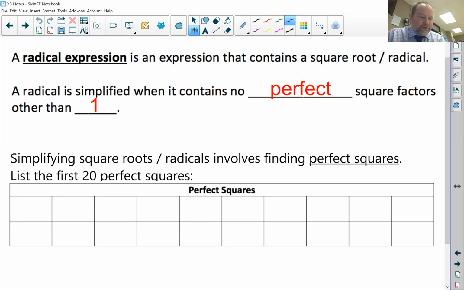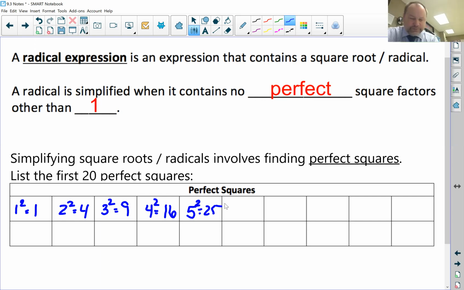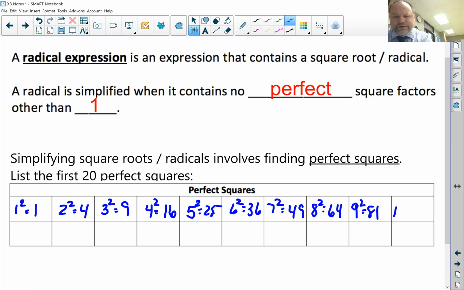So we would have 1 squared equals 1, 2 squared equals 4, 3 squared equals 9, 4 squared equals 16, 5 squared is 25, 6 squared is 36, 7 squared is 49, 8 squared is 64, 9 squared is 81, 10 squared is 100.